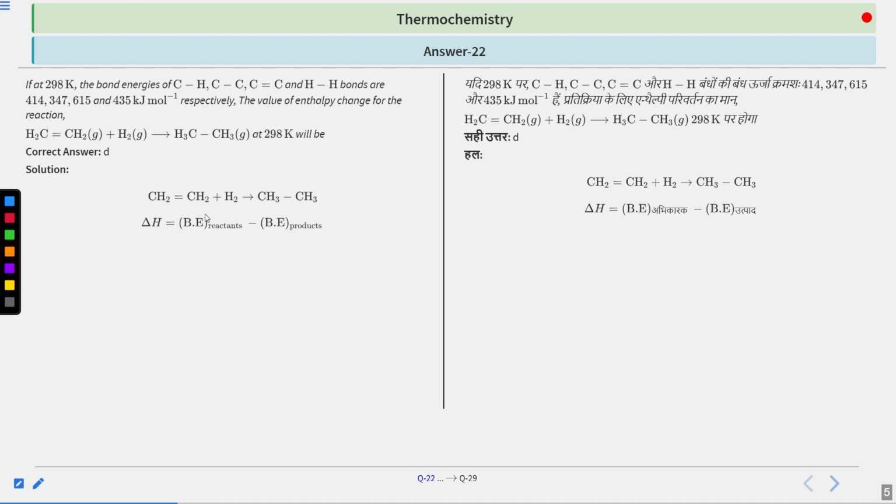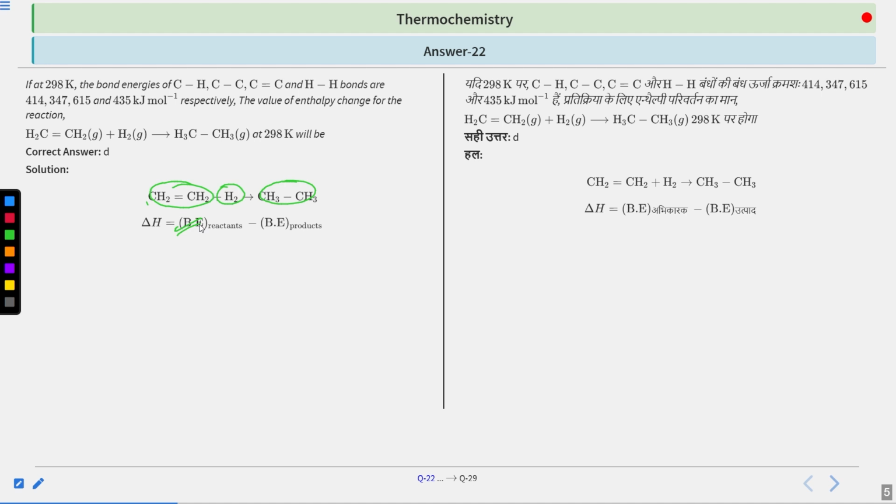But we are taking reactants first of all, because in this whole reaction, what is happening? Bonds are being broken on the reactant side, and bonds are being formed on the product side. This energy is given already in terms of bond breaking, and we are doing the same thing.